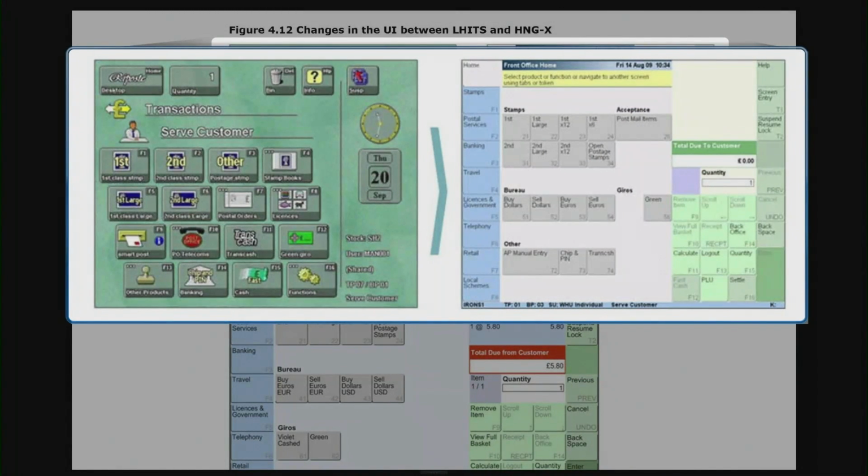And so you tell us that the cash accounting period and balancing period were displayed on the left-hand screen, which is the Legacy Horizon screen. Could you point out where they are? Yes, I'm afraid that we must have switched out the graphic on the Legacy Horizon system because it doesn't show that particular information, but on the Horizon Online you can see the balance period and the trading period on the bottom, but it was inadvertently removed from this particular graphic.